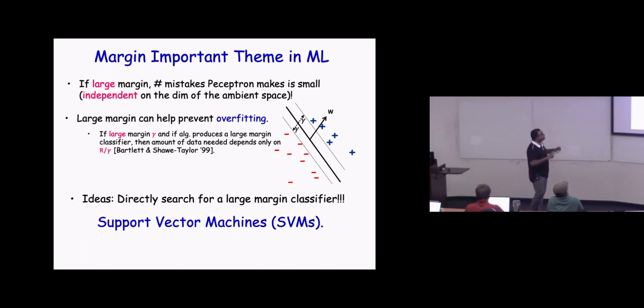Even for sufficiently large margin, there is a paper that shows you don't even need R by gamma square. It's just a linear function of R by gamma, the number of data that you need to make improvement. That's not part of our lecture or in the syllabus, but it's good to know.